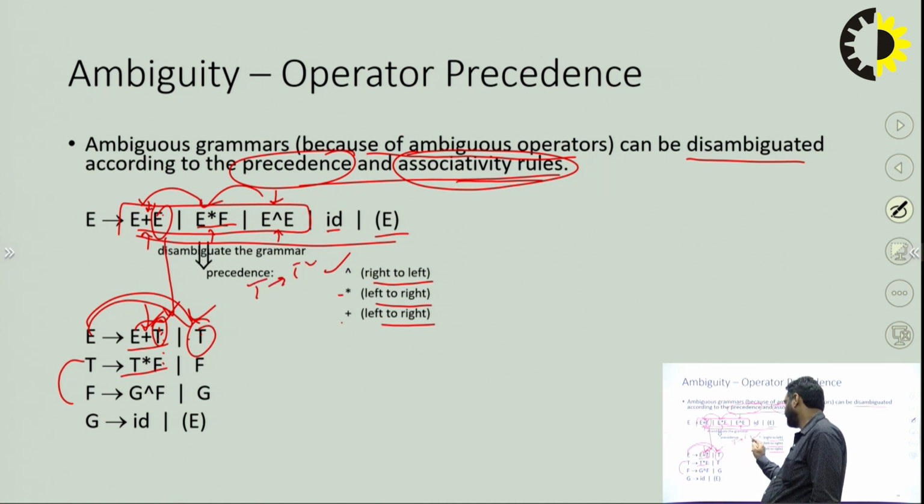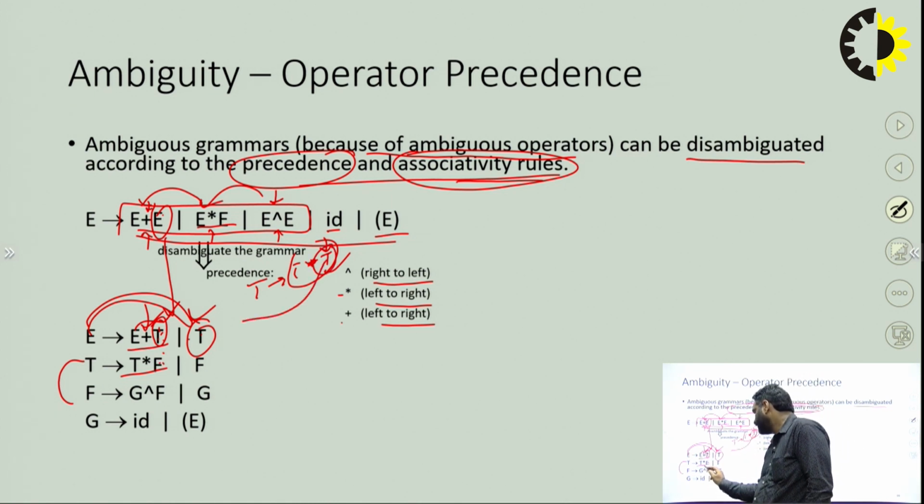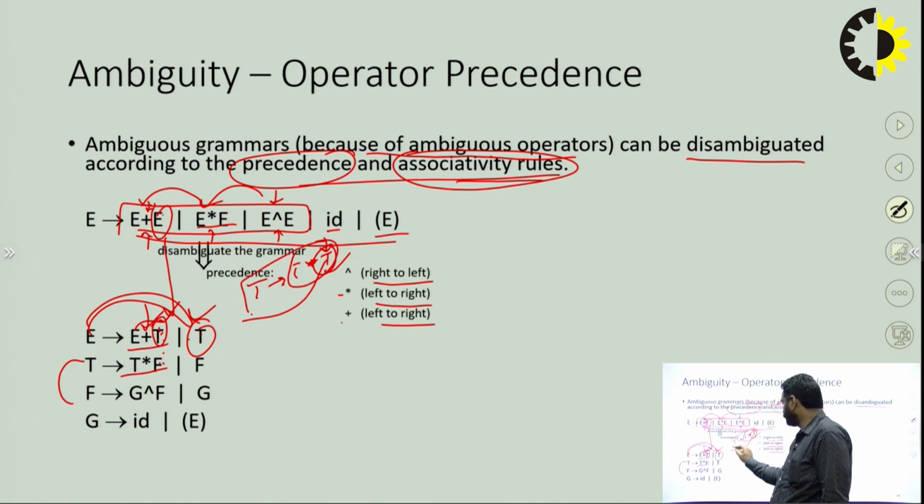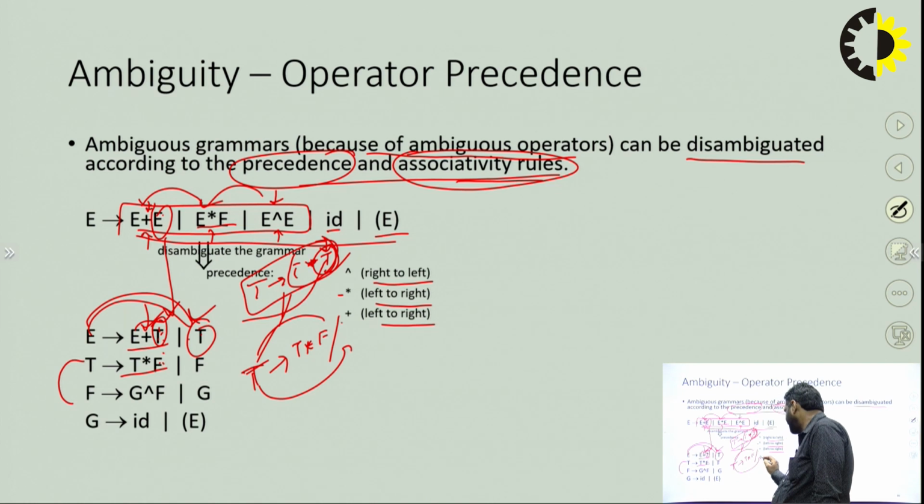Since it is left to right, we need to change this one. So again we convert this non-terminal into the next non-terminal, that is F. So we need two production rules. In the first, we convert this T into a new non-terminal F, and second, T gives F. So this is how we achieve unambiguity.